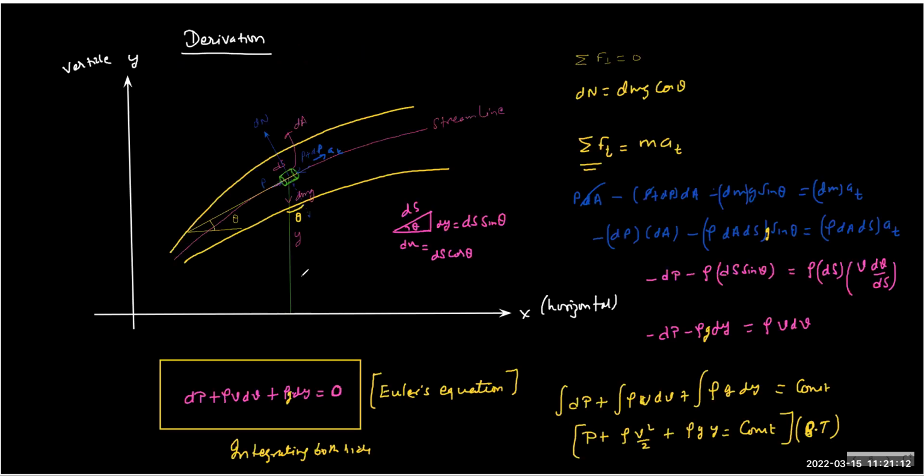So now what we have is the pressure plus half rho v square plus rho g y is constant. We need to understand that the third term is because of the reference taken. So see, I have taken the reference.